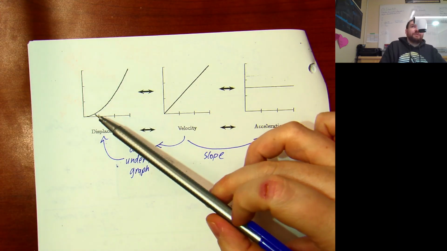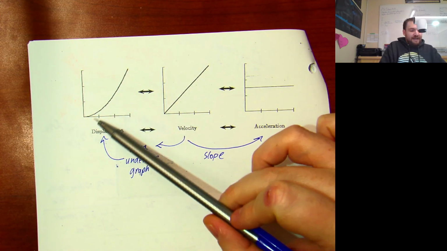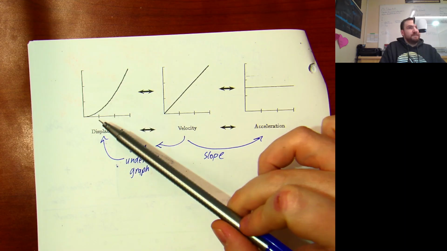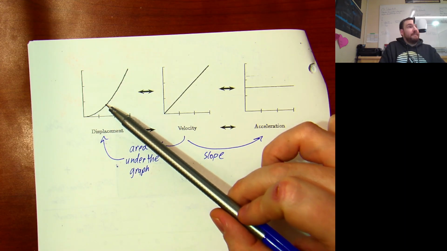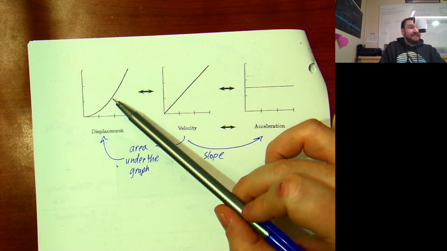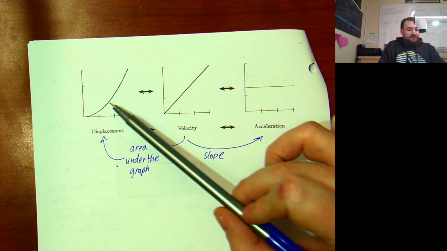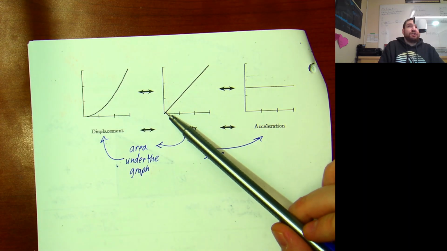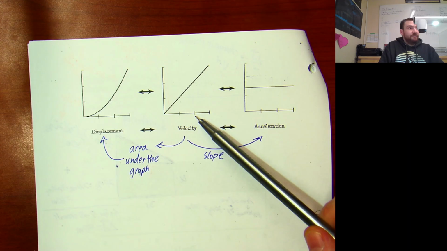So let's look at this one. I had a curved graph on my displacement time graph. What does that mean? Curved displacement means I have a positive velocity and it's changing. So it means I have to have an acceleration. That's going to look like a straight line going upwards on a velocity graph.